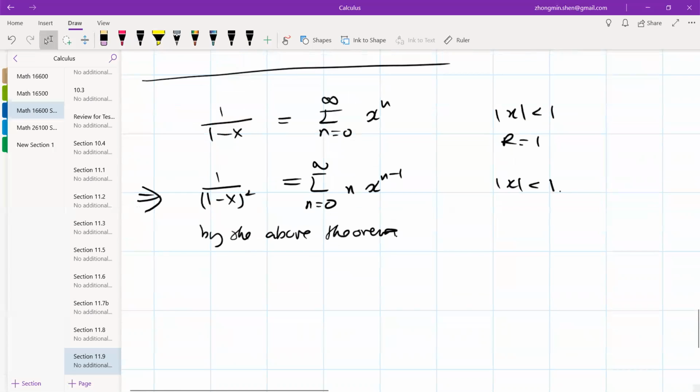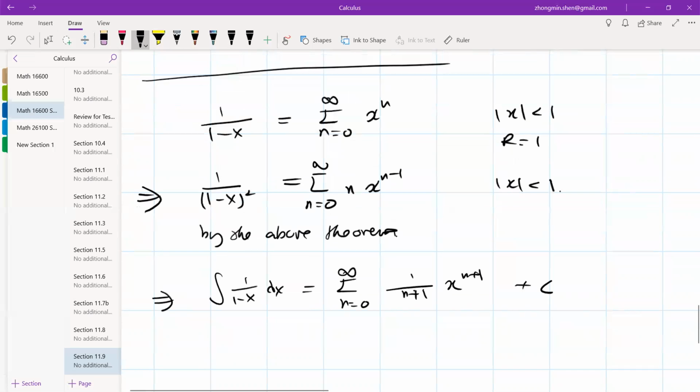How about integrate? Plus a constant. You also have this.